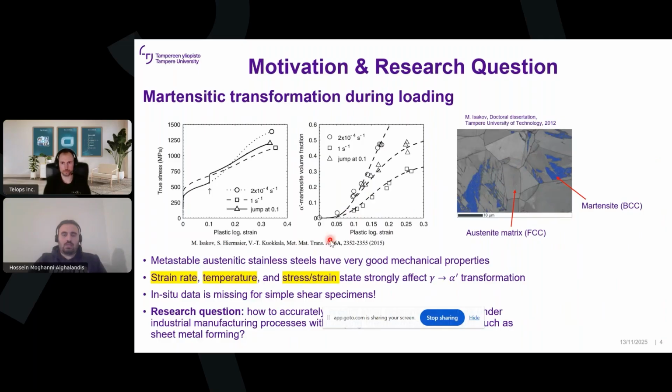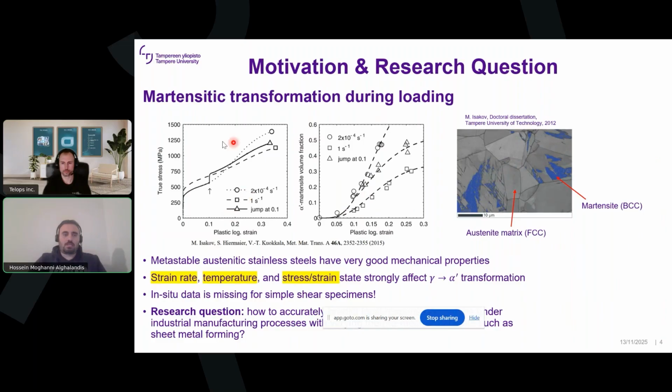So we need to know what parameters affect this TRIP effect because it's a very complicated phenomenon. We know that there are many parameters that affect it, like strain rate, temperature, and stress or strain state.